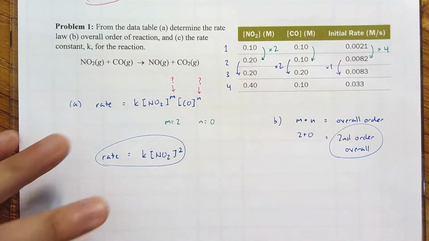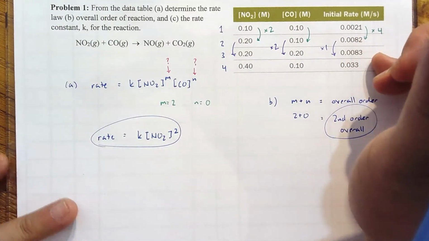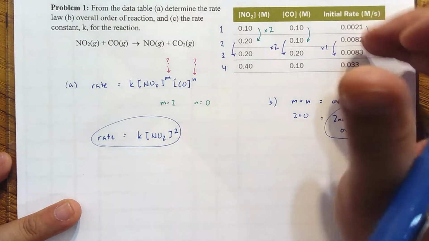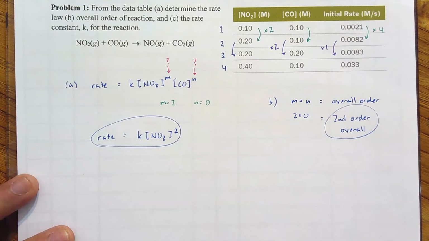How about the K? The K is a constant that applies to every trial, and it is constant. It should work for any of these trials. So just randomly, let's pick trial 3.